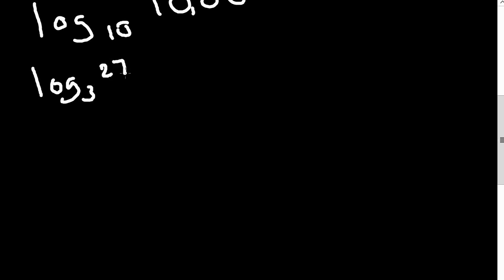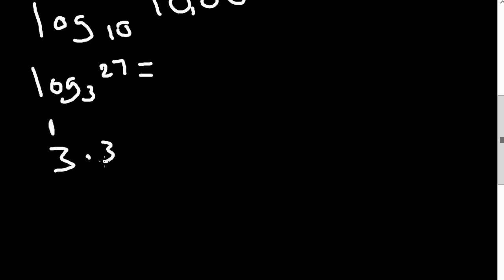Logarithm base, let's do a hard one, logarithm base 3 of 27. So 3 multiplied by itself, how many times is 27? Many of us don't know that, so let's work through the problem.